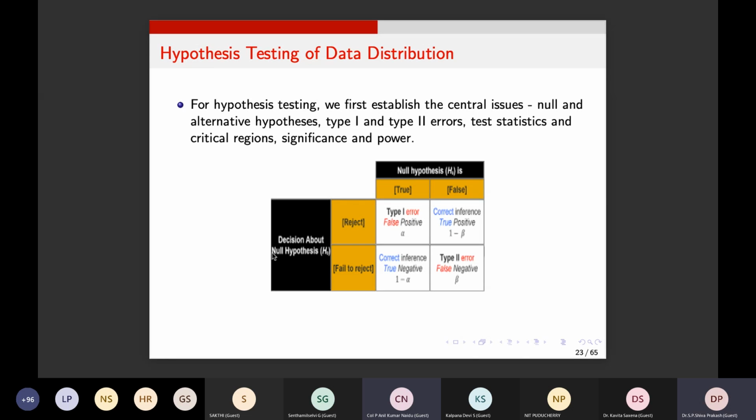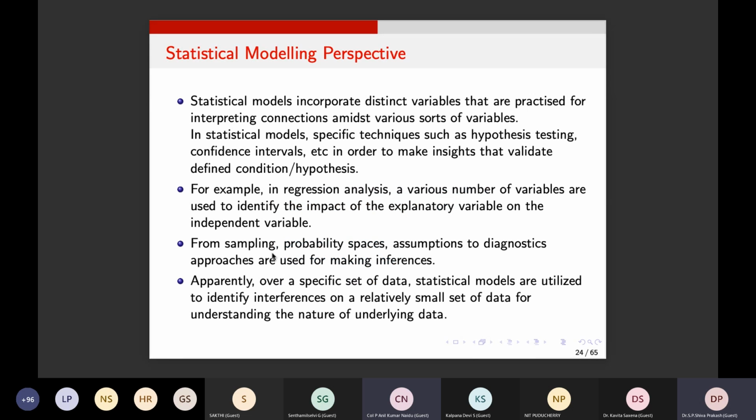So when you start thinking about these things from a statistical modeling perspective, the statistical models incorporate distinct variables that are used for interpreting connections between various sorts of variables, especially in statistical models or specific techniques where we use hypothesis testing, confidence intervals, etc., to make insights that validate defined conditions or a hypothesis.